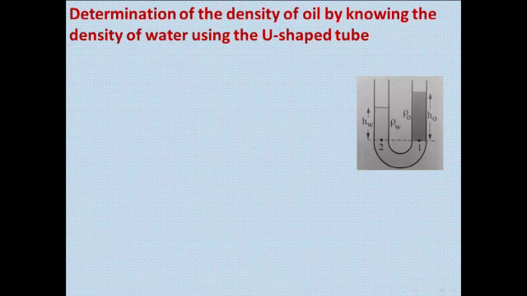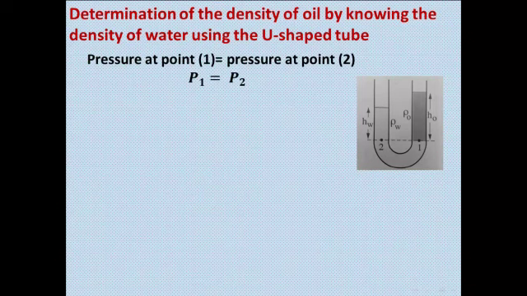Excellent. Now we have 2 points, 1 and 2. 1 and 2 are points at the same horizontal level of water. So pressure at 1 equals pressure at 2. We know that this is an open container.